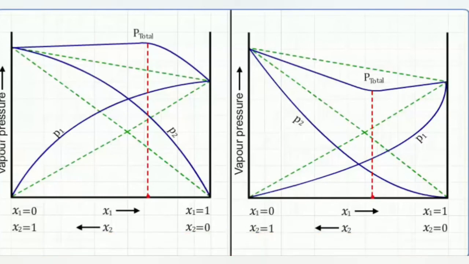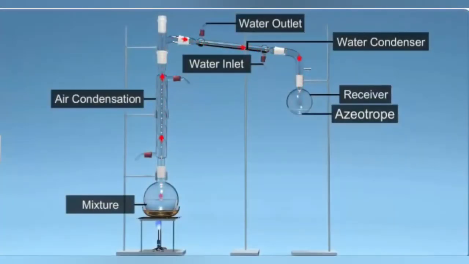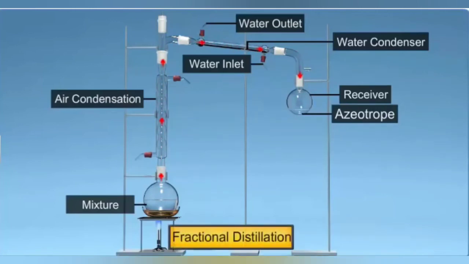Azeotropes are thus defined as liquid mixtures that boil at a constant temperature and at a certain composition. At this condition, the mixture behaves as if it was a single component with one constant boiling point. In such cases, it is not possible to separate the individual components of the mixture by fractional distillation.